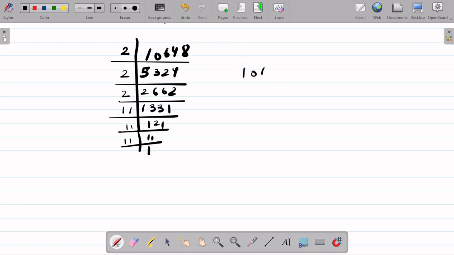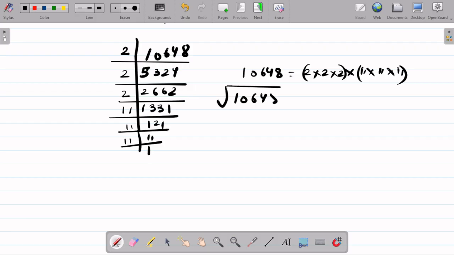So 10648 can be written as 2 cross 2 cross 2, 11 cross 11 cross 11. So it is again existing in triplets. The cube root of 10648 is 2 into 11, which is 22. Is that clear to you? Moving to the next question.